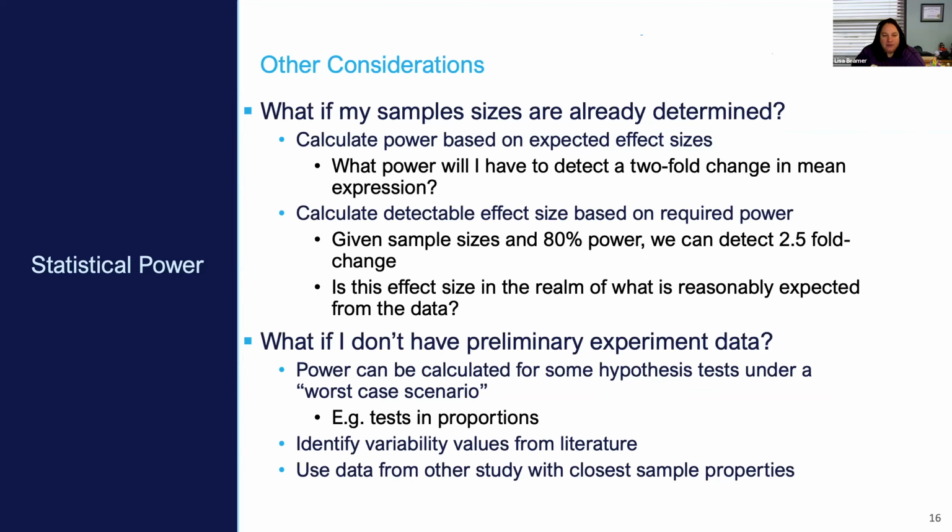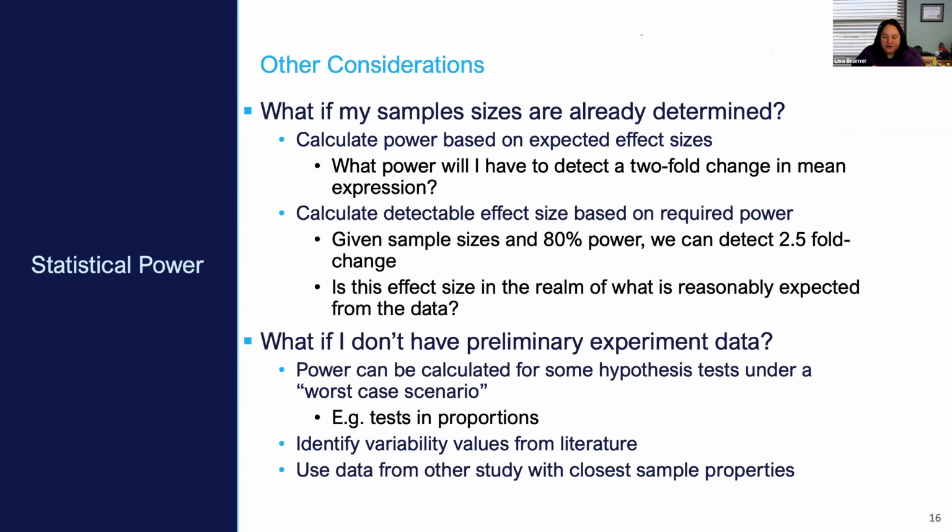So the question is, what power will I have to detect a twofold change in mean expression given my sample size? Or you can take your sample sizes and the power that you need to achieve and calculate how big or small of an effect size can be detected based on that required power. And all of these calculators on the previous page can do these calculations as well.